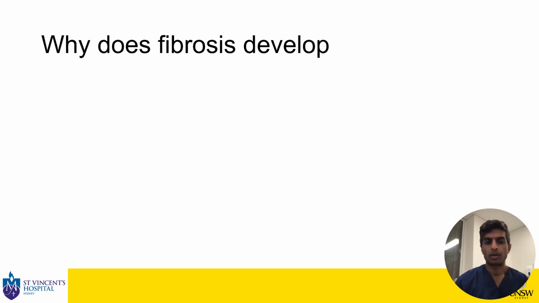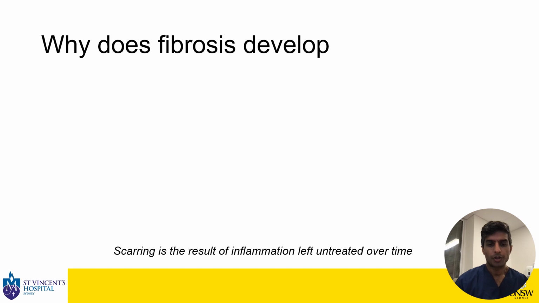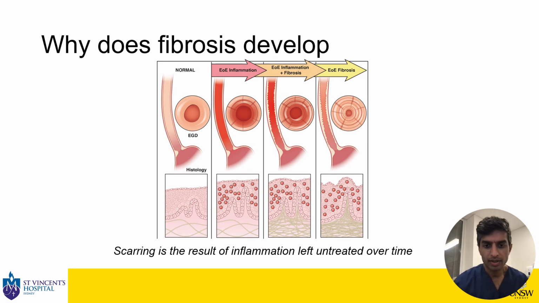So the next question that obviously arises is, why has this fibrosis developed? In short, scarring is simply the result of inflammation which is left unchecked or untreated over time. This diagram explains the way we currently understand this disease.